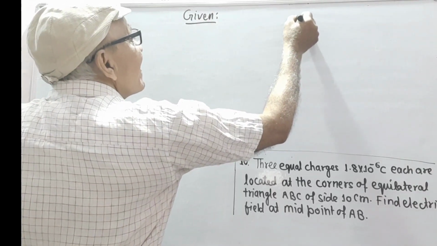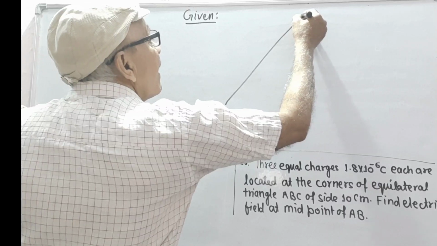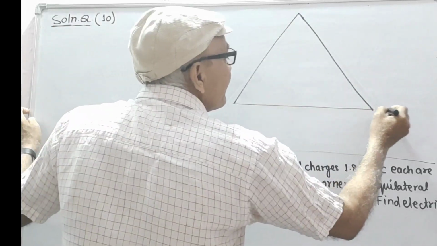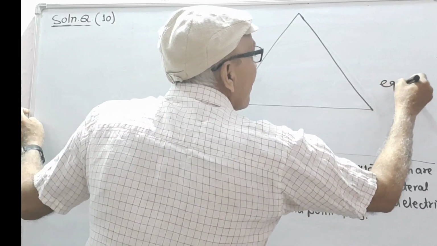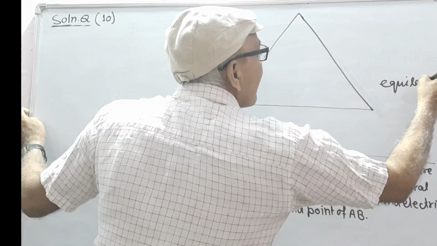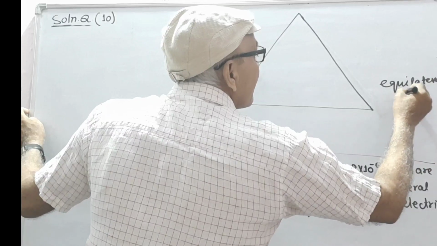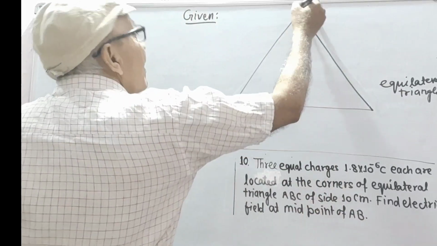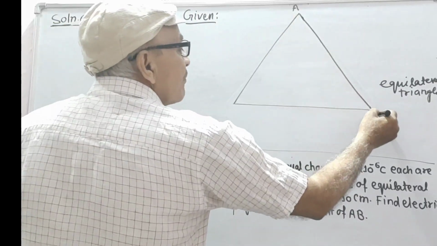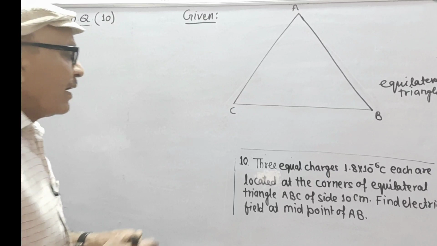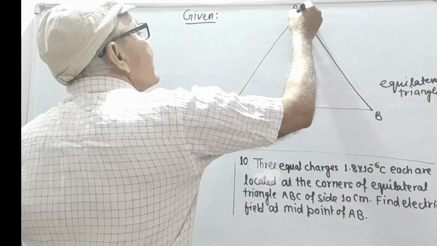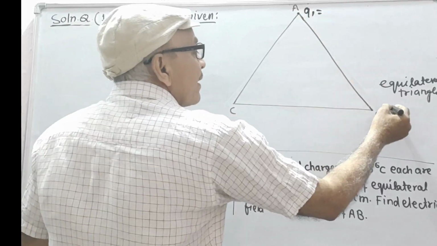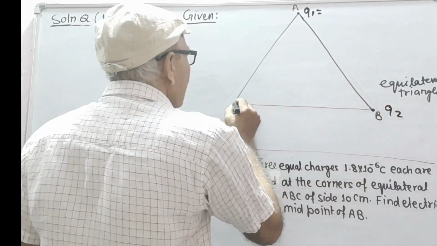Suppose this is equilateral triangle ABC. Equal and similar charges, each of value Q1, Q2, Q3.